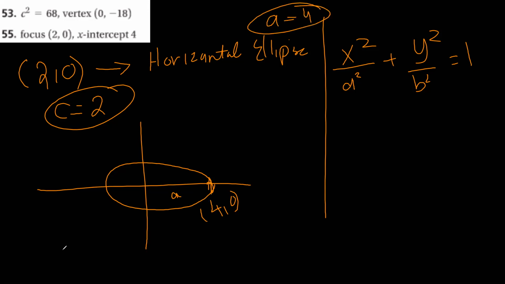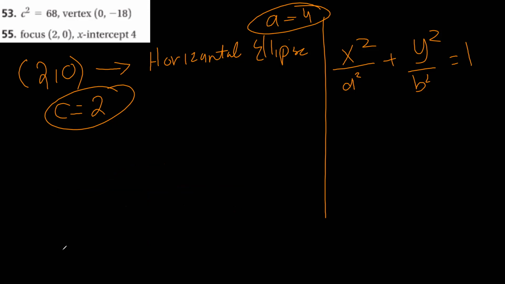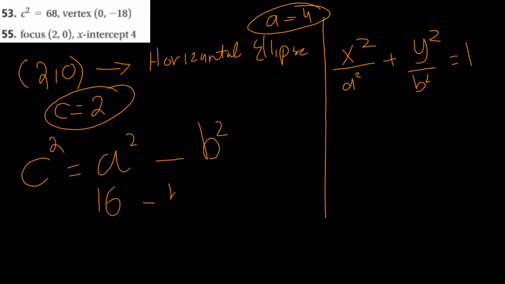Now if I have a and I have c, can I find b? Yes, by using that formula. c squared is a squared minus b squared. a squared is 16 minus b squared equals c squared. c is 2, so c squared is 4.